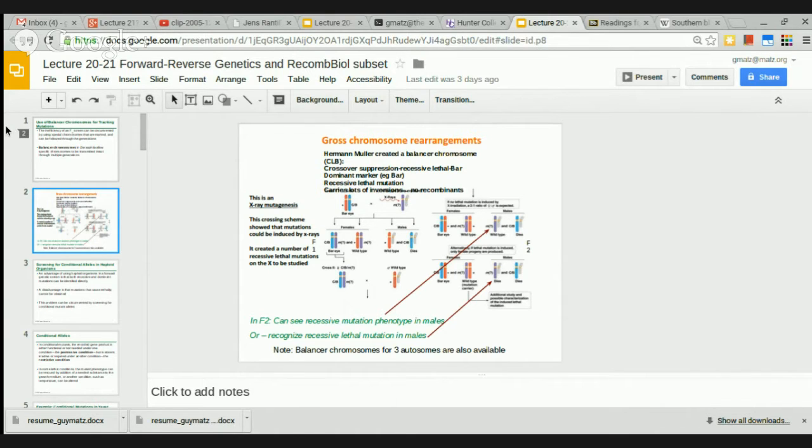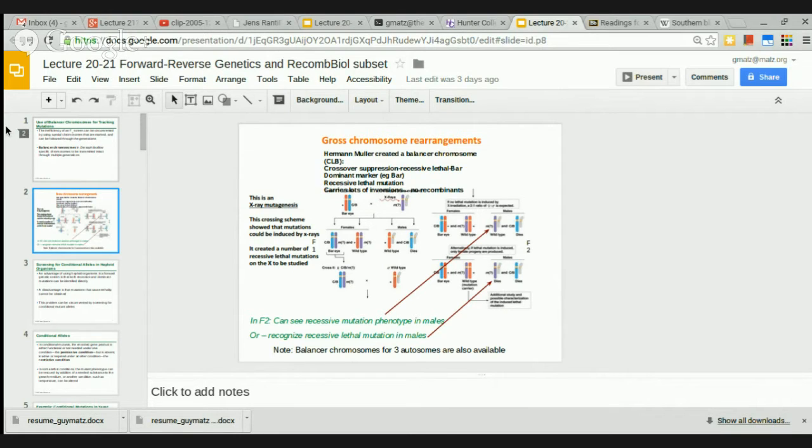Okay? So I've mutated the male, and I'm now going to follow the X chromosome coming from that mutated male. So it's mutated sperm carrying that X chromosome. Of course, it's going to only be found in the females of this generation, right? The male's giving its X, and the female's giving her X.